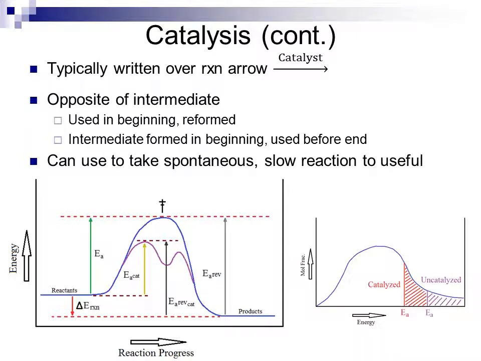If we look at a distribution of particles as a mole fraction with a certain amount of energy, the uncatalyzed process is represented by the purple selection, the catalyzed process by the red selection, with the respective activation energies listed in purple and red. We see a higher percentage overall of particles which can pass the activation energy in the catalyzed process than in the uncatalyzed process.